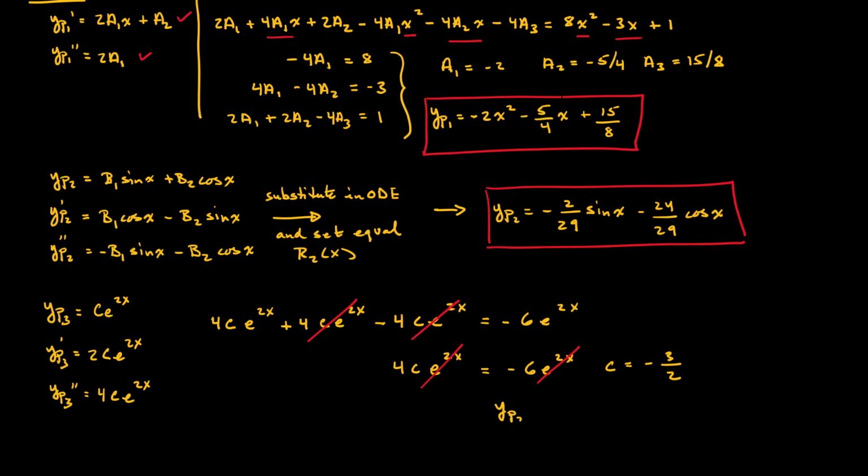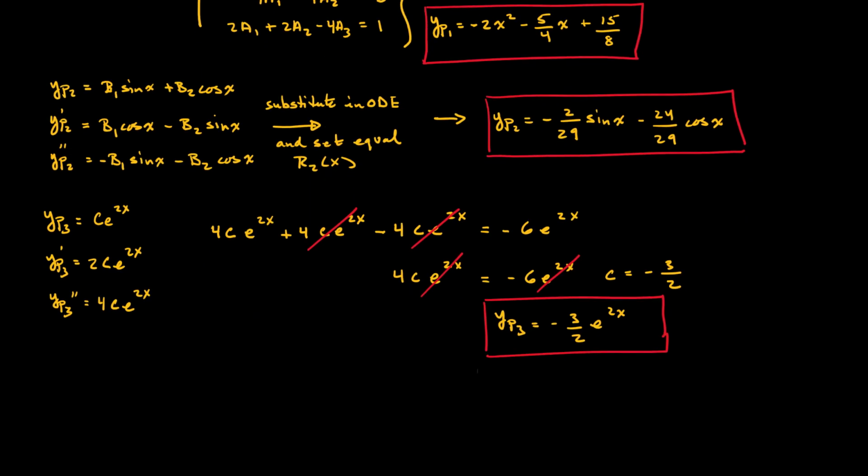So yp3 is equal to negative 3 over 2 e to the 2x. And so our particular solution for the entire ODE, yp, is just equal to yp1 plus yp2 plus yp3, where yp1, yp2, and yp3 have been solved over here.